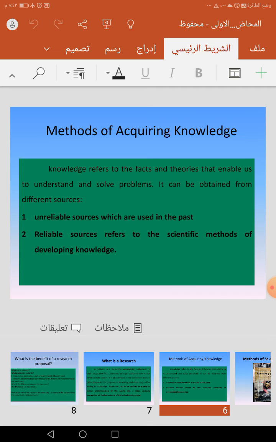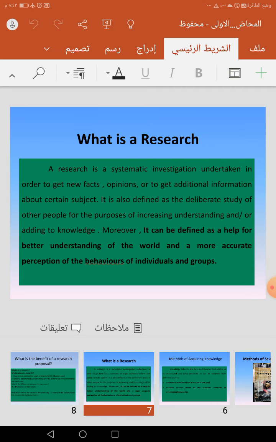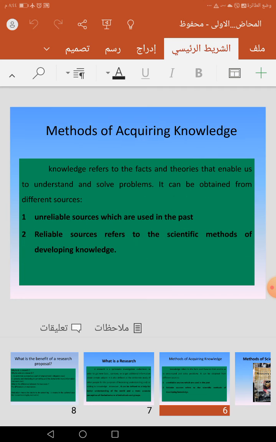Let's go to research. What is a research? A research is a systematic investigation undertaken in order to get new facts, opinions, or to get traditional information. So, do you understand? Let's go back to reliable sources.